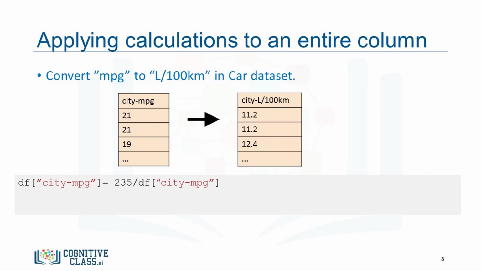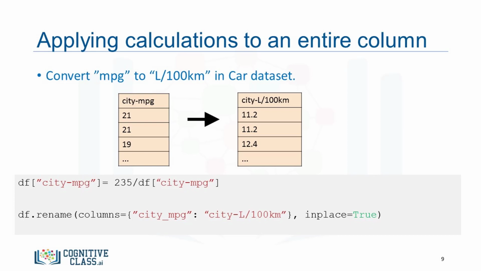To transform miles per gallon to liters per 100 kilometers, we need to divide 235 by each value in the city miles per gallon column. In Python, this can easily be done in one line of code. You take the column and set it equal to 235 divided by the entire column. In the second line of code, rename the column from city miles per gallon to city liters per 100 kilometers using the data frame rename method.